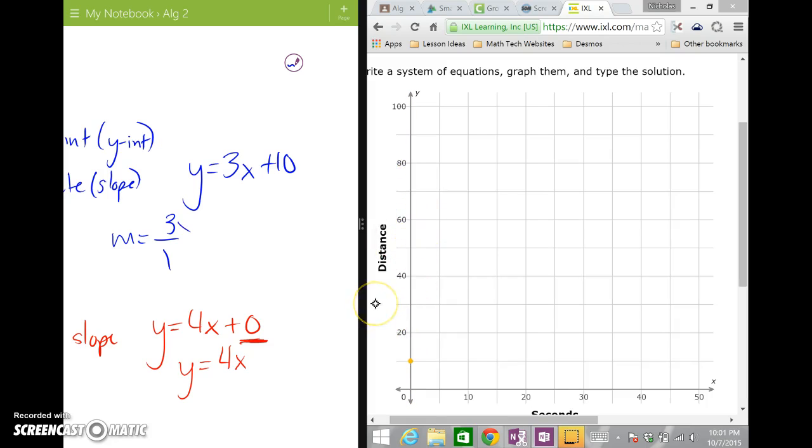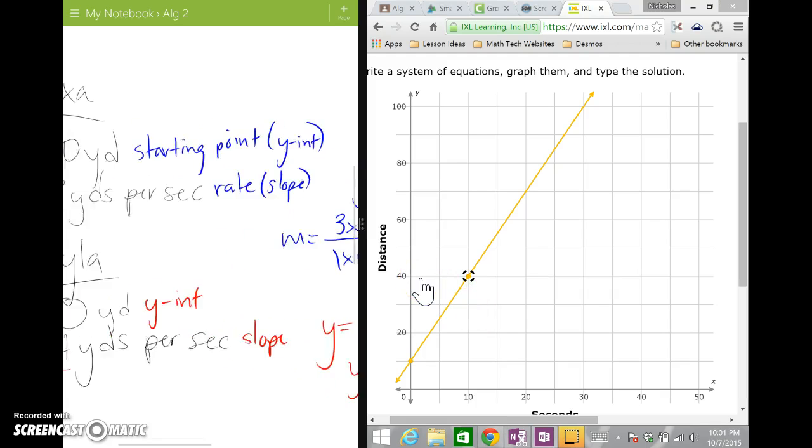So I'm going to multiply by 10. Remember, if I multiply the top and the bottom, it's still the same number. It's just going to look a little different. So now I have to go up 30. From 10, go up to 40, and then over 10. Right there.